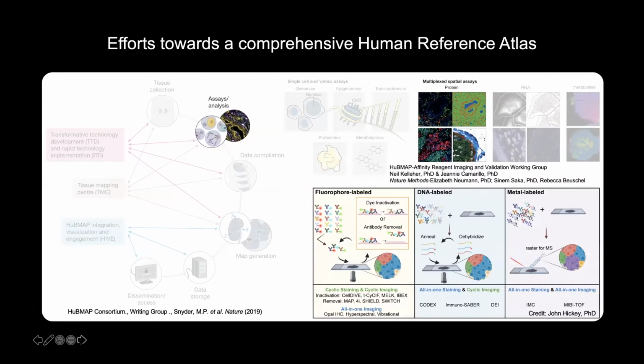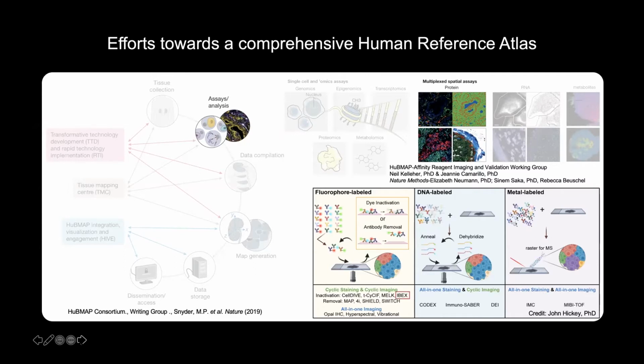This is not an exhaustive author list, but I use it to demonstrate that there are many approaches going after protein using antibodies: fluorophore-labeled antibodies, oligo-labeled antibodies, and metal-conjugated antibodies. Many of the technology developers are right here, part of the consortium. So we won't go into great detail, just highlighting where IBEX fits in.